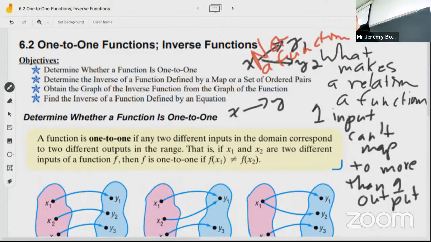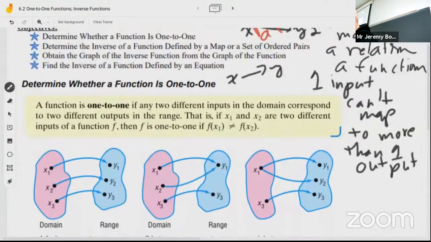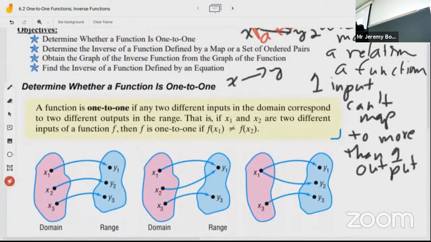So basically, every x is mapped to one unique y. Here, x sub 1 and x sub 2 are both mapped to y sub 1. That's not one-to-one. This one is not even a function, because x sub 1 is mapped to two different values. It's ambiguous with the output. So that one's a relation.